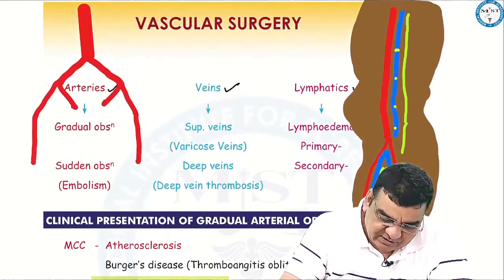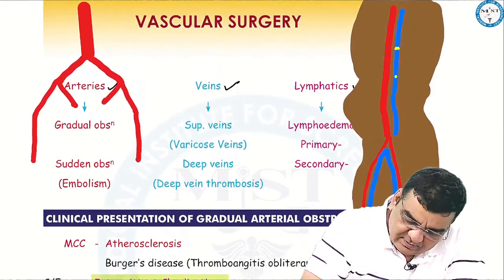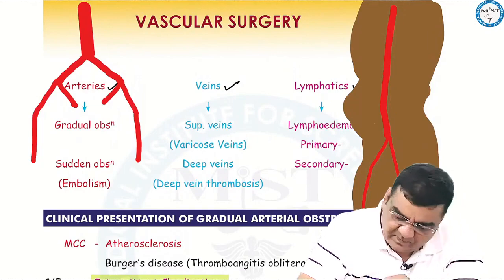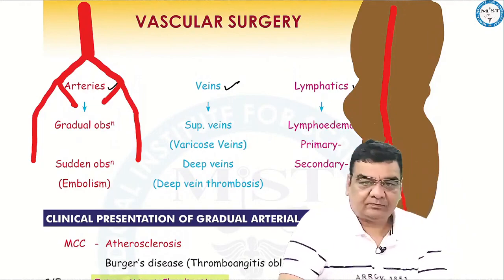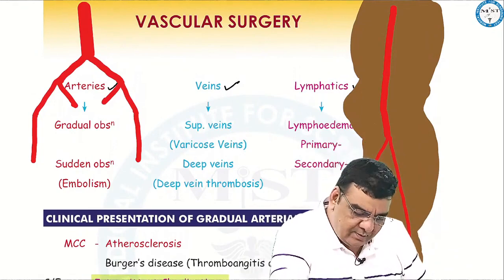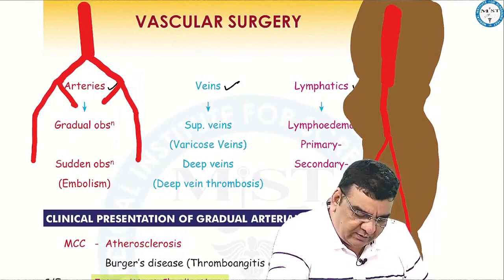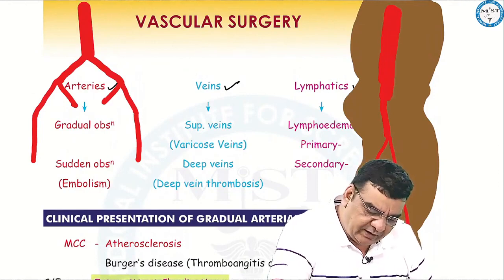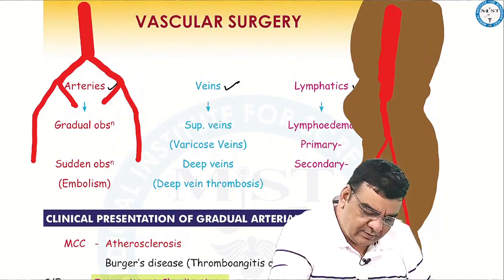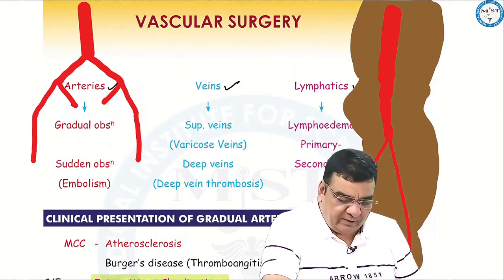In this gradual arterial obstruction, now suppose this is the femoral artery, and then there is a popliteal artery, and then there is anterior and posterior tibial artery.